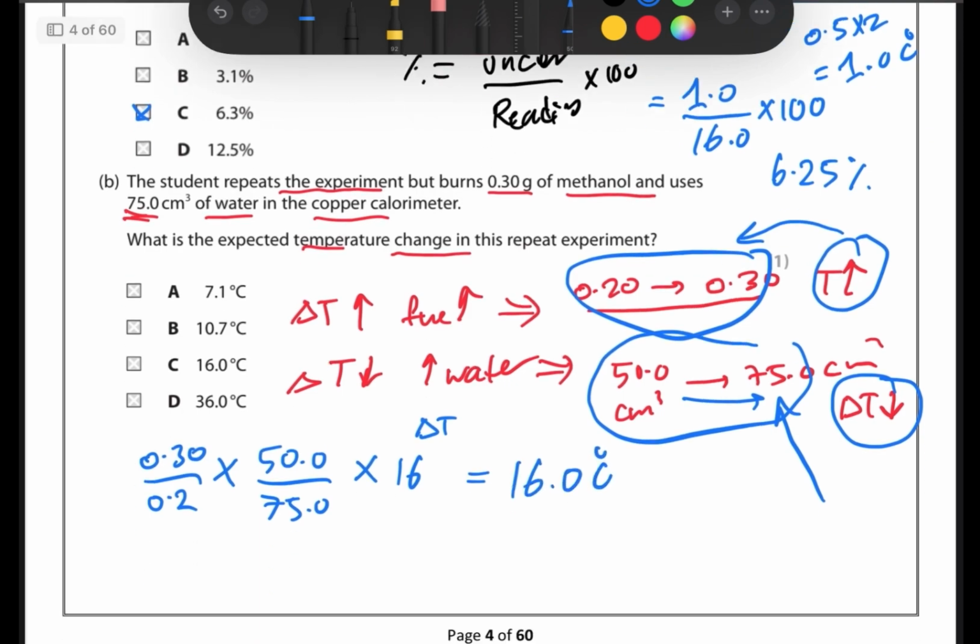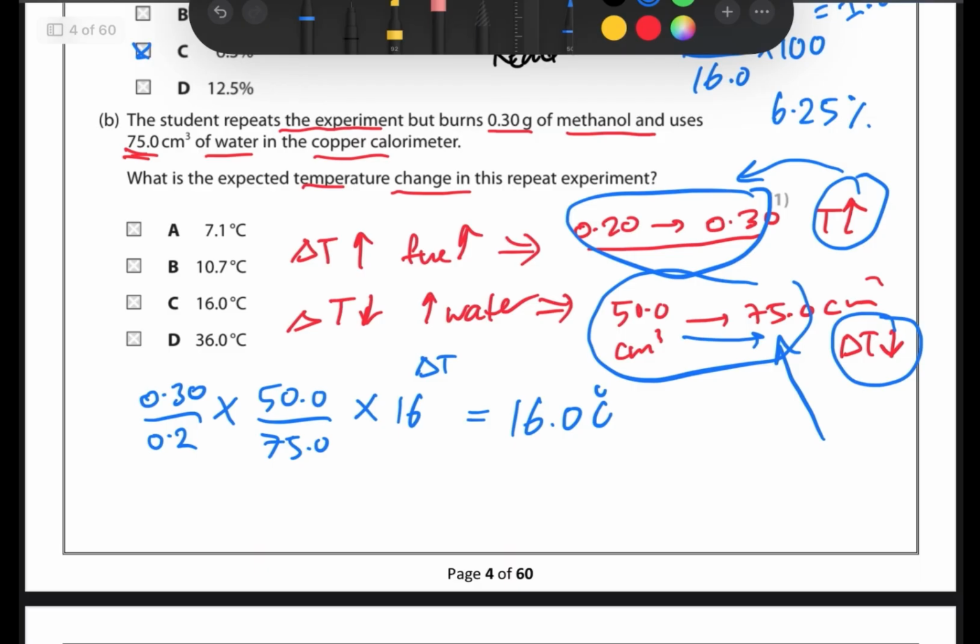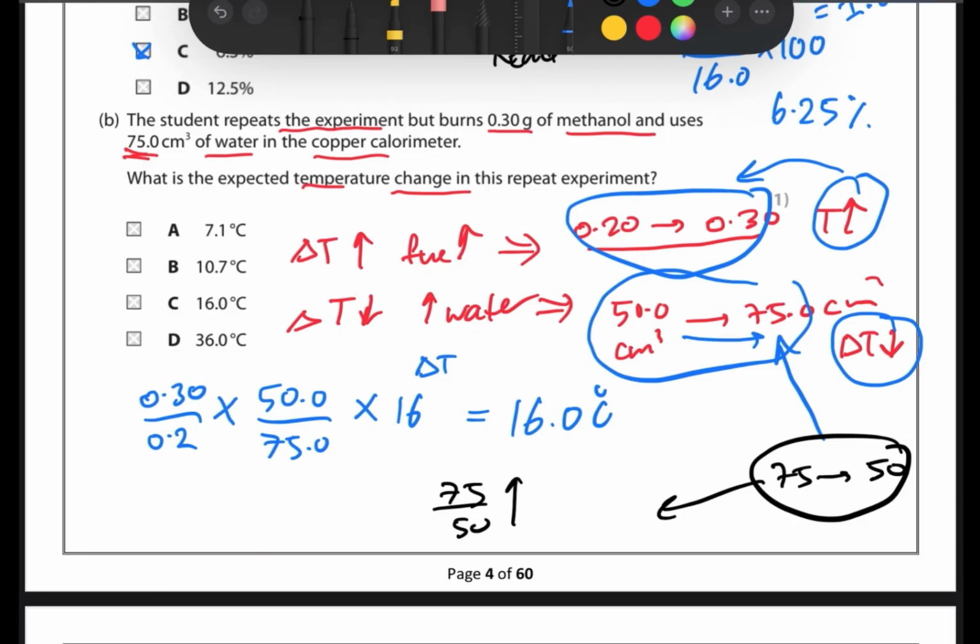Just keep in mind, if the water is decreased, I mean, it was 75 and now it turns to 50, we have to take the fraction as 75 over 50 because delta T has to be bigger. That's why we take the big number over the smaller number. But since the delta T is decreased by increasing the volume of water, we have to take the small number over the big number. So the answer definitely is C.